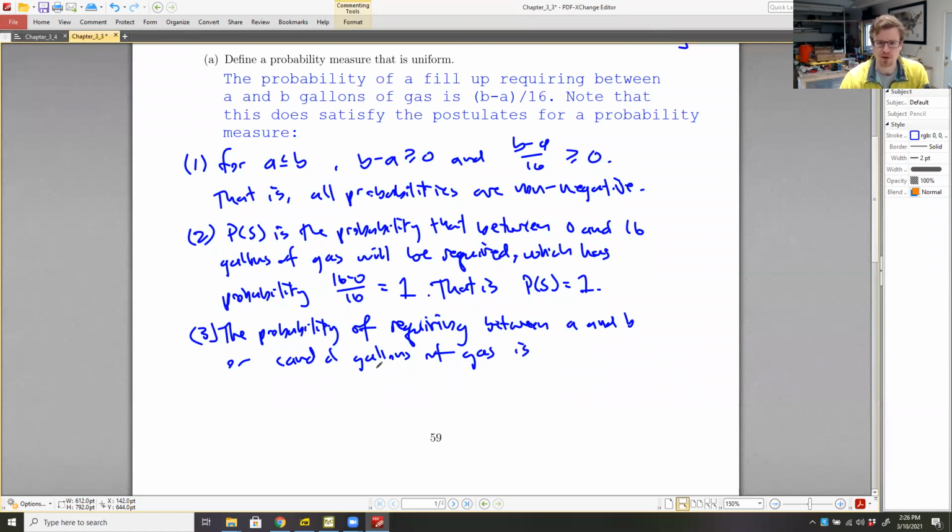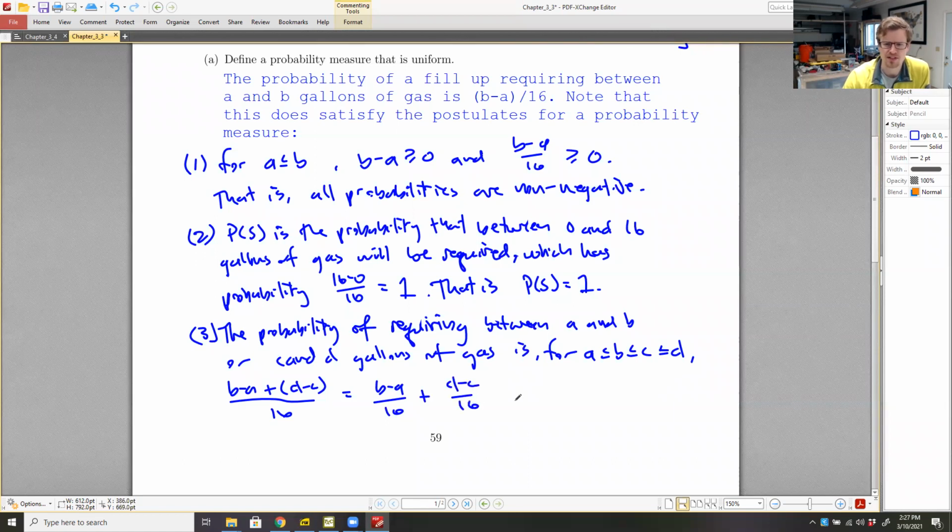So between A and B or C and D is, let's see here, I want A less than or equal to B, less than or equal to C, less than or equal to D for convenience here. And we would find that it's B minus A plus D minus C divided by 16. So that's the probability overall. But of course, I could just consider these added together individually, B minus A over 16 plus D minus C over 16.